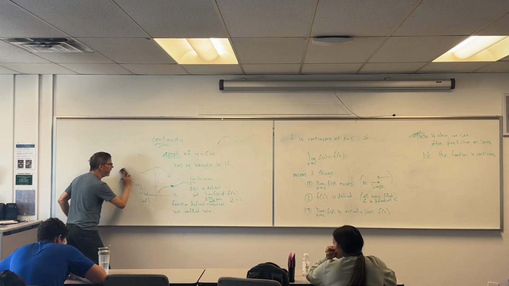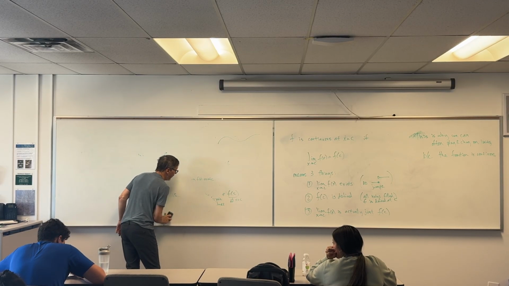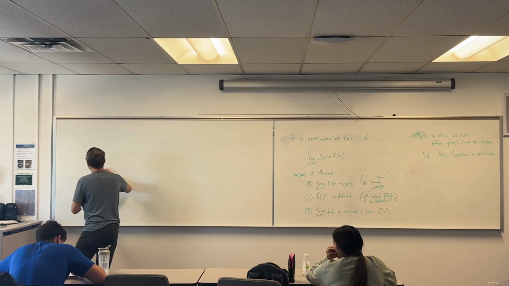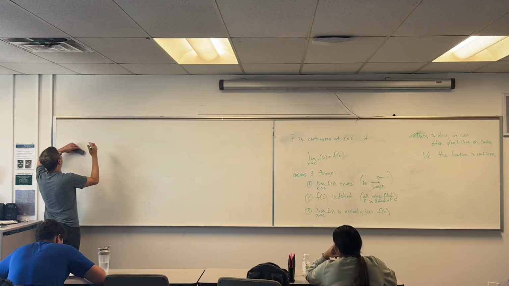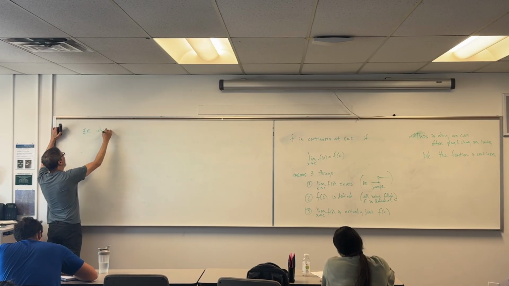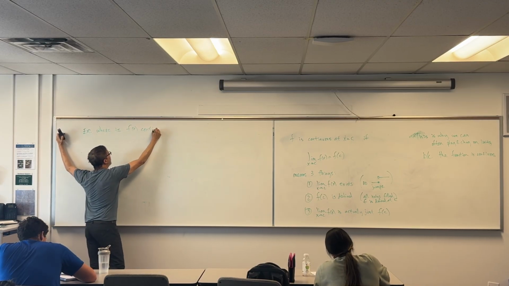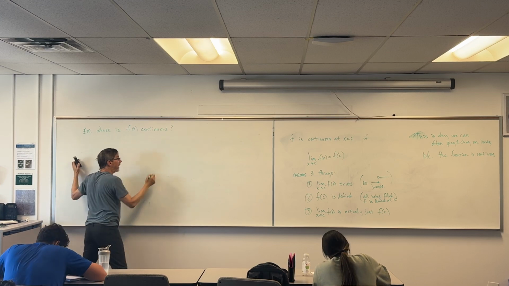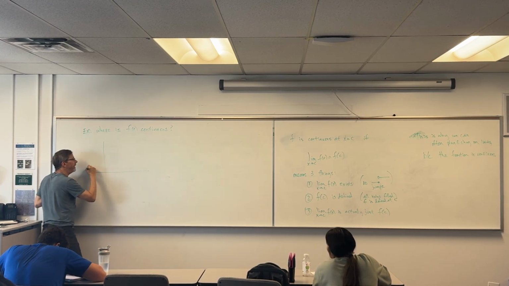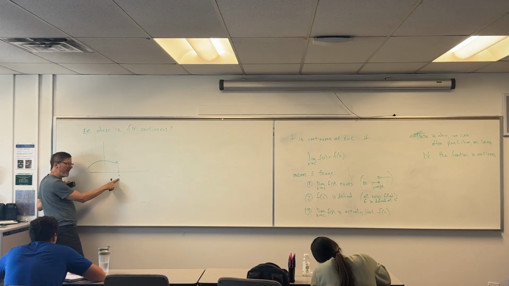So let me give you a little sample here. How would we get a question like this? Because you will get a question like this on the upcoming web work, which I'll release on Wednesday. So, example. Where is f of x continuous? I'm going to show a little picture. I'm going to put an open circle, put a point a there.